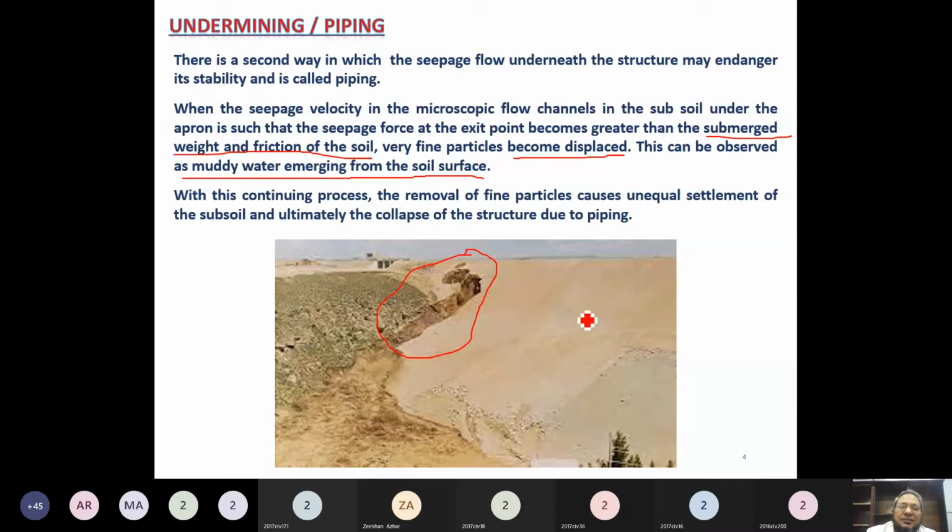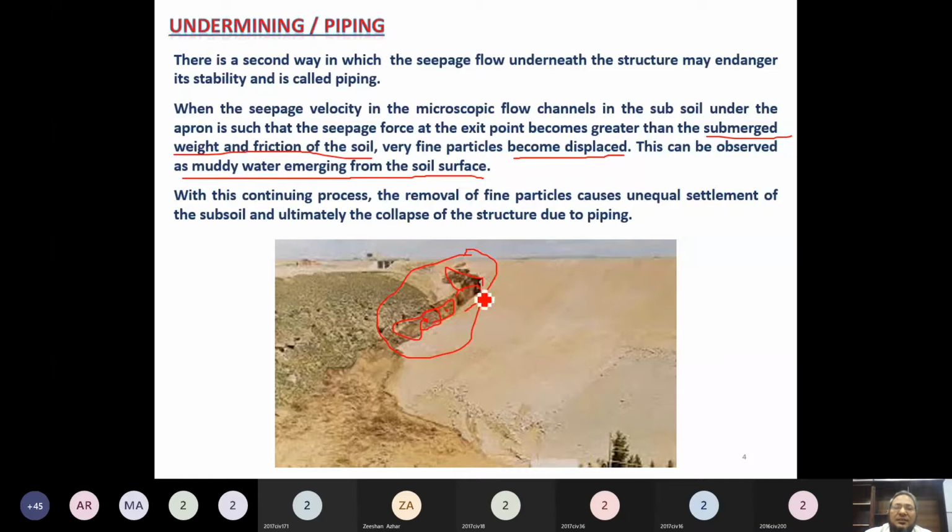But due to some fault, some inappropriate construction of the dam, the seepage started, and the seepage of the water resulted in undermining. Initially, maybe from one point, the piping was taking place, and then this hole gradually increased with time, and now this dam is emptied.